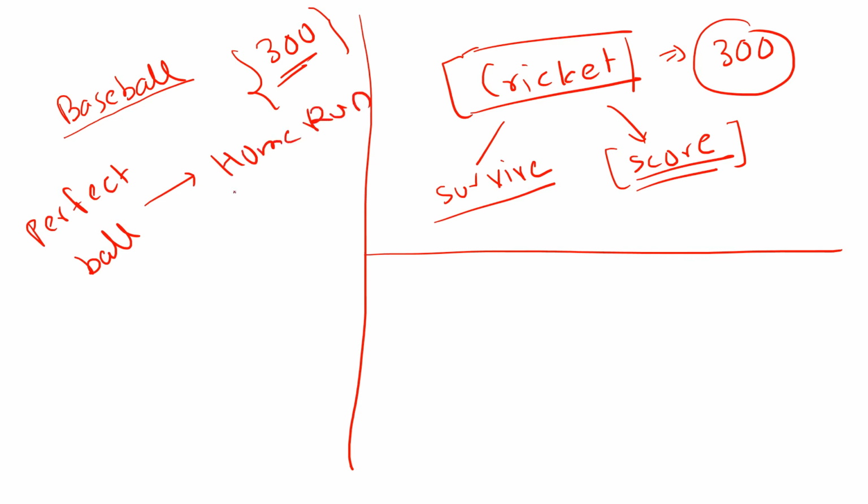The psychology in baseball is not to take advantage of every ball. It is to wait for the perfect ball and utilize that ball perfectly. Let me repeat. In baseball, the psychology is wait for the perfect ball and utilize that perfectly, both the things.